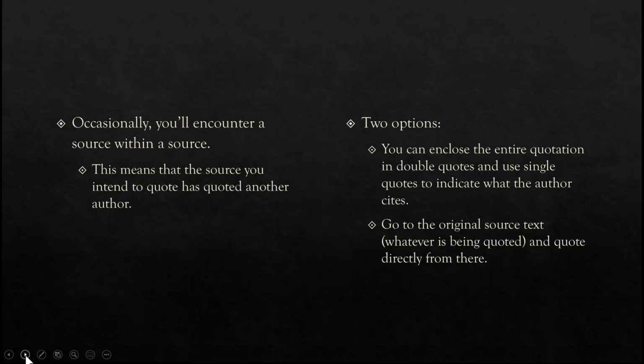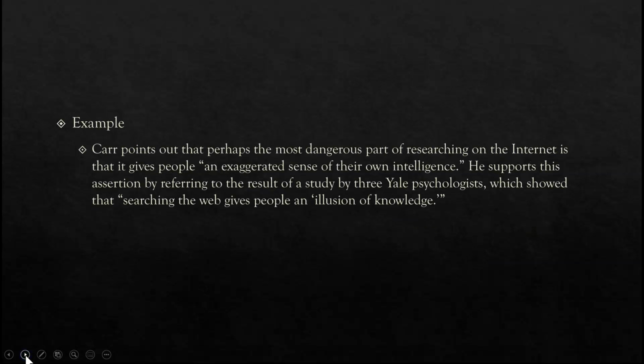It's better to go from the person who said it first and see what they said than to just trust what somebody else is summarizing or choosing to just select from the text, because maybe they took it out of context. But if you choose to go with the first option, here's an example.